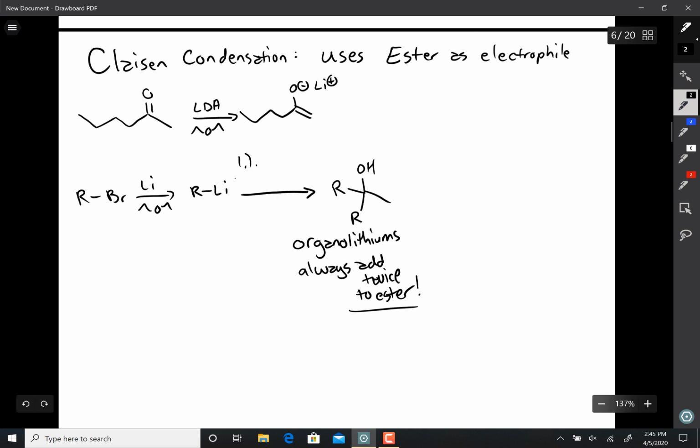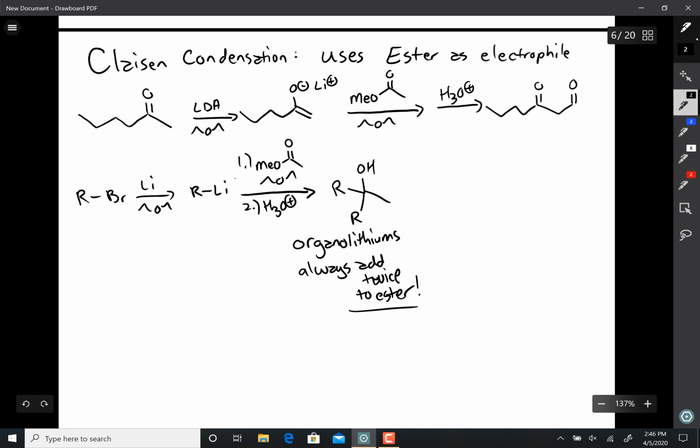Let's clean this up just a little bit. There's your ester. Now when you use an enolate to treat an ester, the product that you get is a 1,3-dicarbonyl.